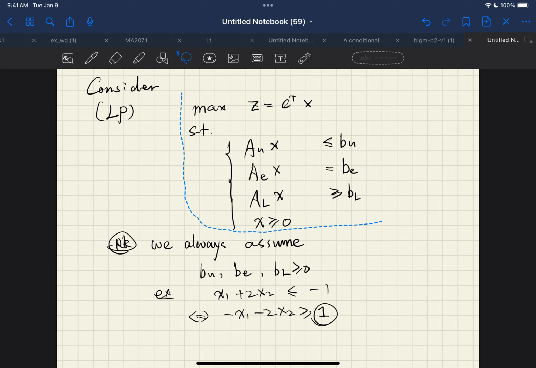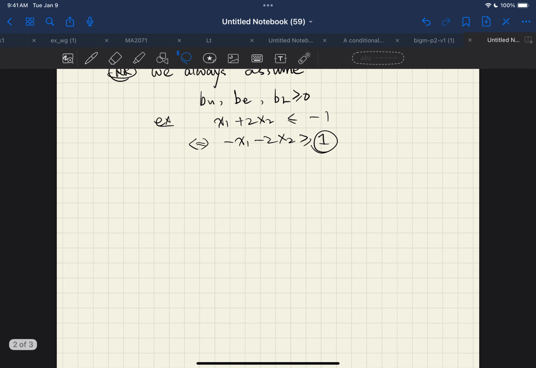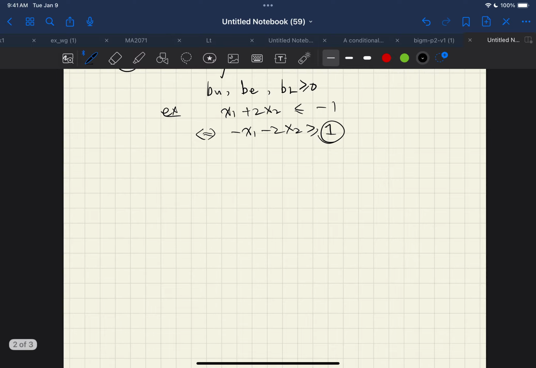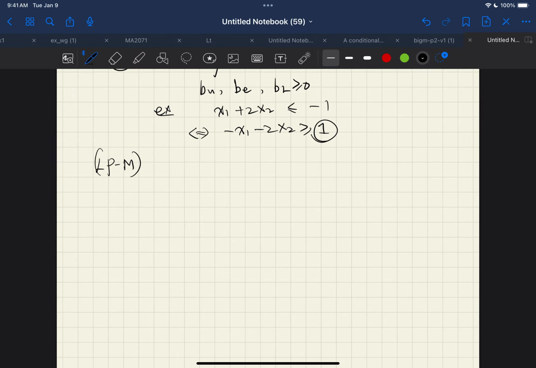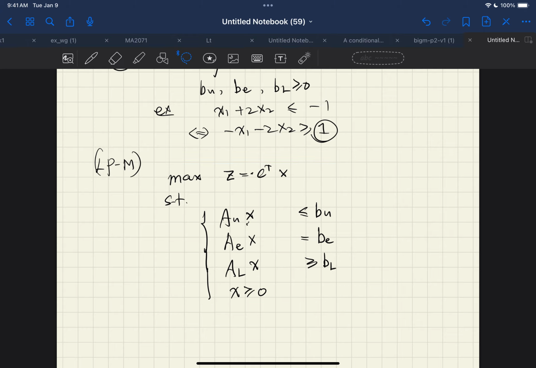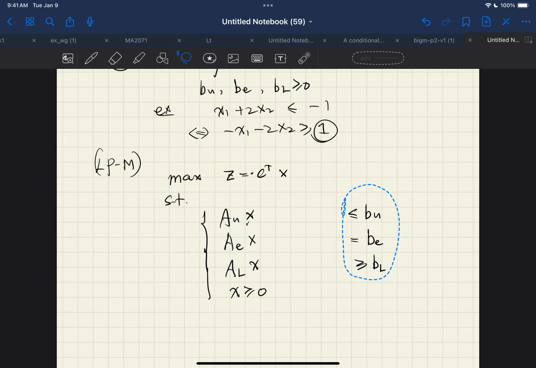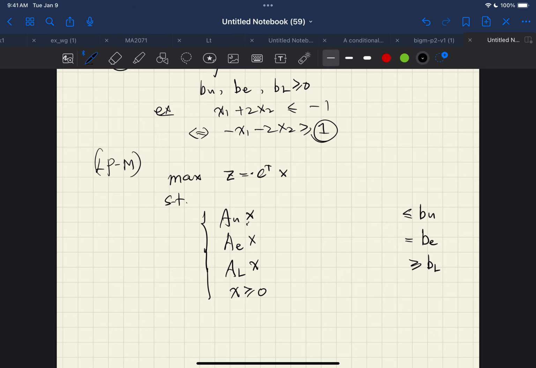So we write LPM. I just copy that, but what I need is to add some artificial variables, and sometimes we need to punish the objective function.